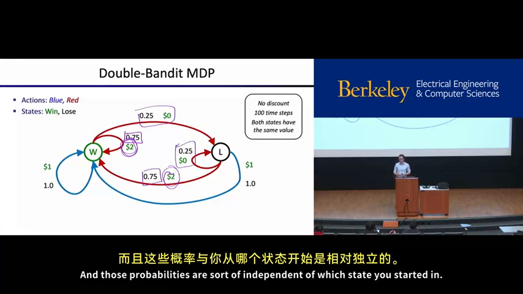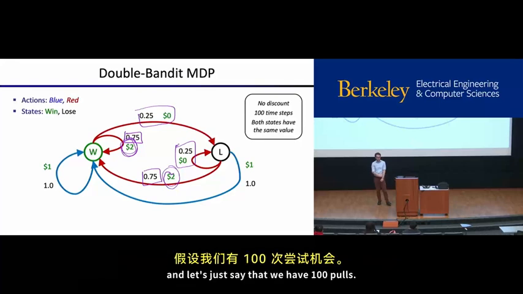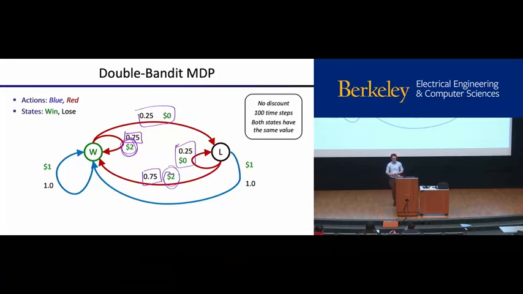And those probabilities are sort of independent of which state you started in. Okay? So let's ignore discounting for the sake of this example, and let's just say that we have 100 pulls, right? We have 100 time steps to try and extract as much money from these two bandits as possible. So how would we do that?